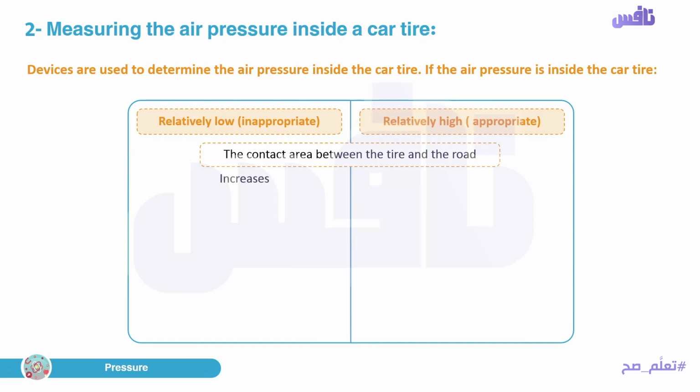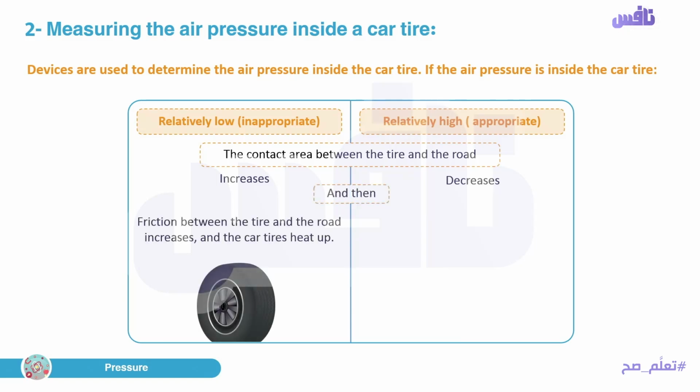So, bravo to who said increase before it appeared. When the pressure inside the tire is relatively low, the pressure will be increased, but on the other side it will be decreased. Right. And then what does this tell me?